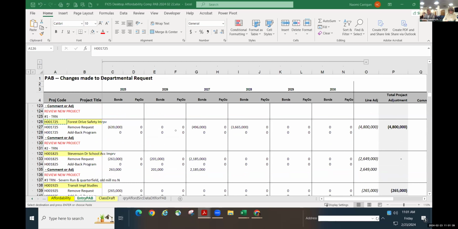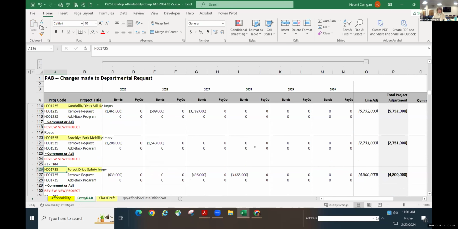So Naomi, is that one of the ones where the county gives money and then we get it back once the grant is secured? Are you referring to the Gambles, or Brooklyn Park Mobility? Right, you said that had grant funding, right?